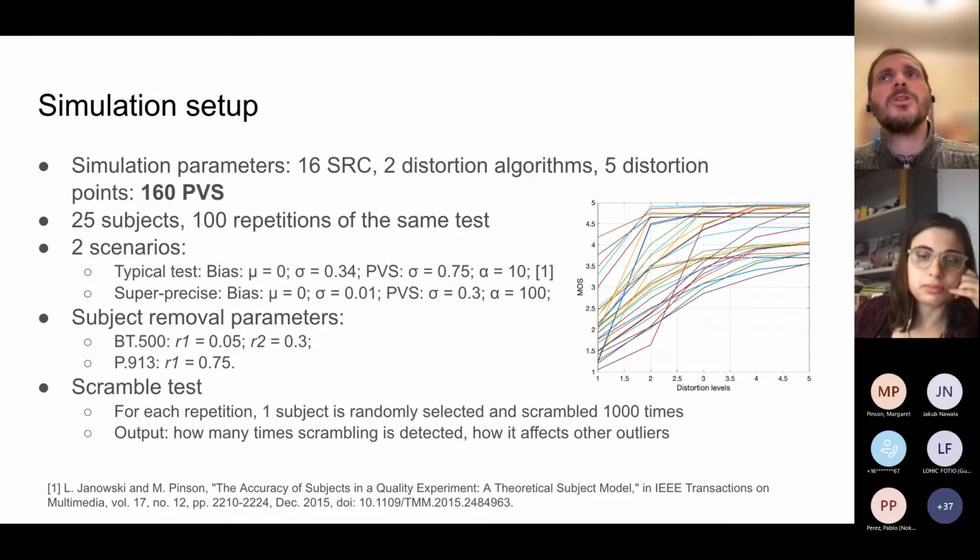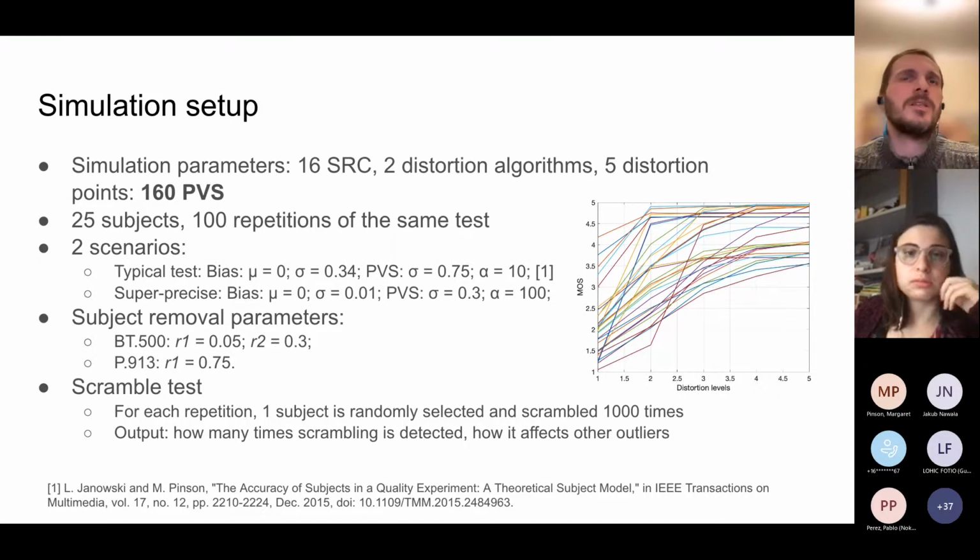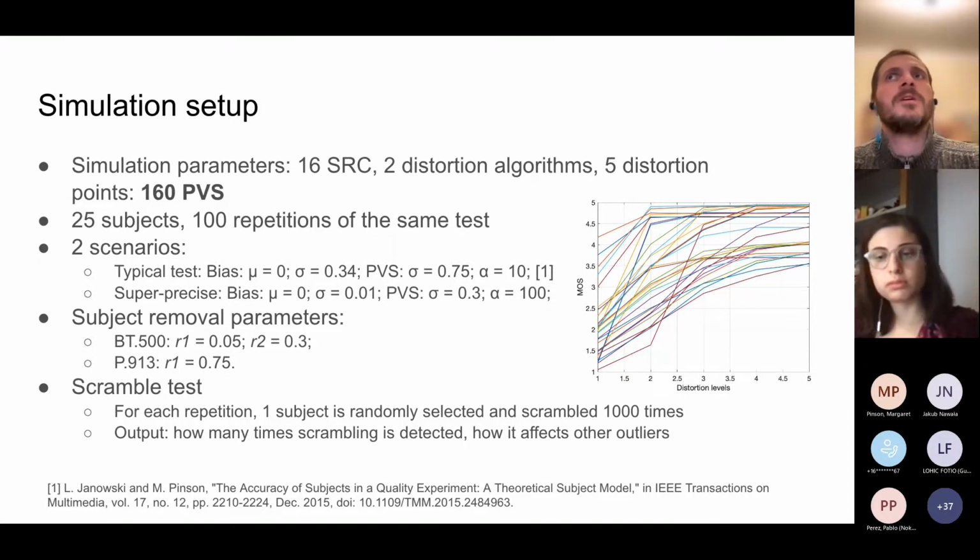And for us, especially interesting is what happens for a different test. So let's say we are doing a test that is more difficult. We have subjects where the correlation between the average subject and the overall mean drops to 0.7, for example, as an average correlation. Not this unique correlation, but the average.